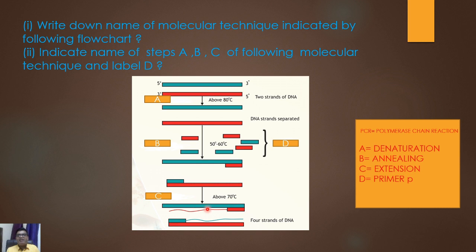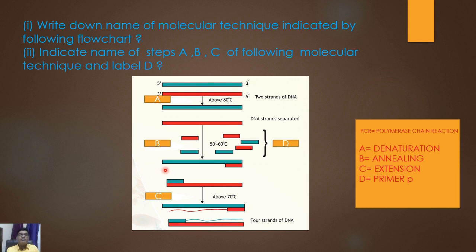After extension or polymerization, we get new strand DNA. This flowchart indicates the different steps of the polymerization reaction for one cycle. One cycle includes denaturation, annealing, and extension. These different steps make one cycle, and it may proceed for more than one cycle.